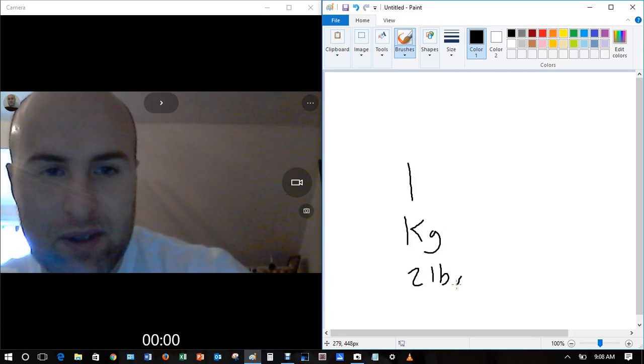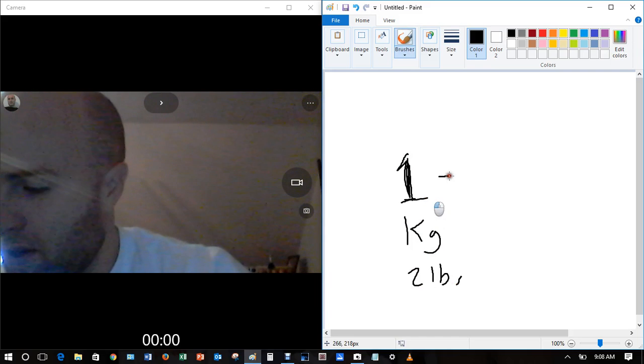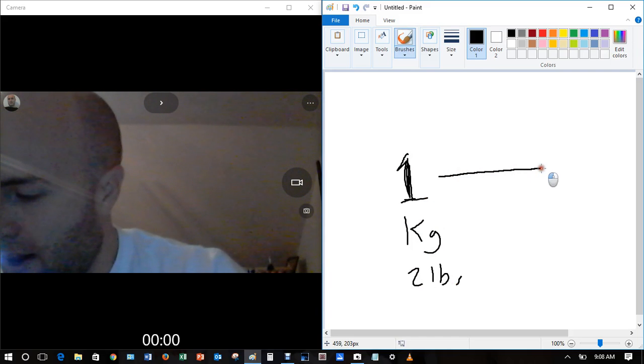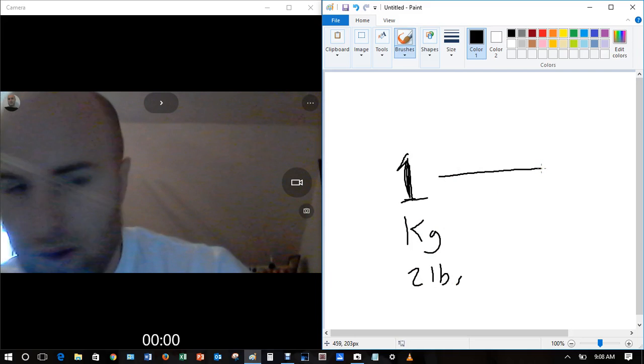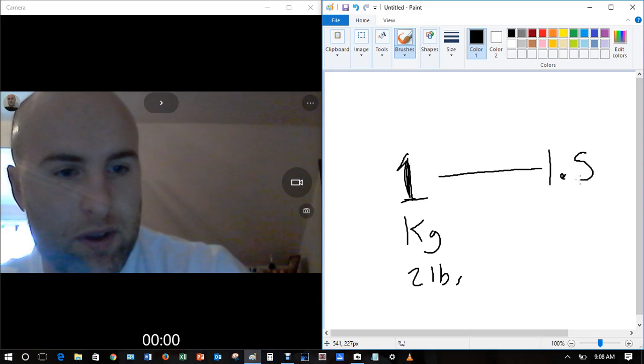That's not perfect, but roughly close. So 1 kilogram to 1.5. If you double that, that's like 3. So 3 pounds, 1.5 kilograms.